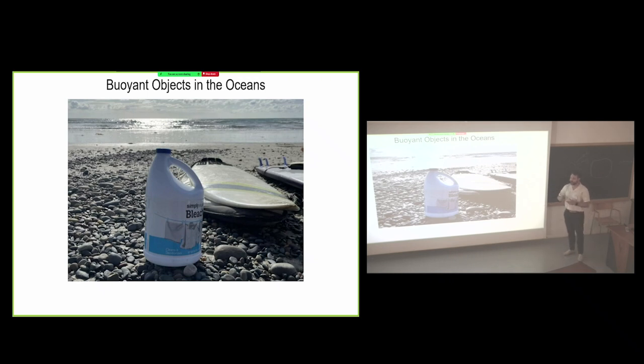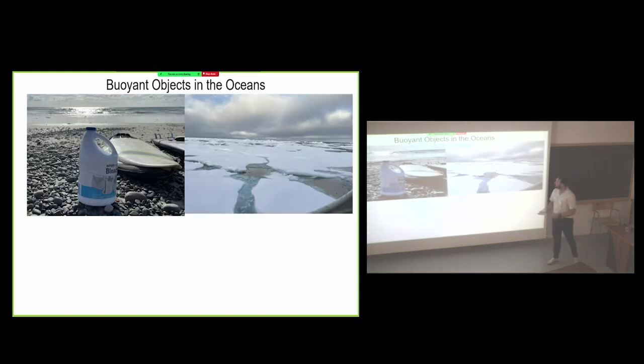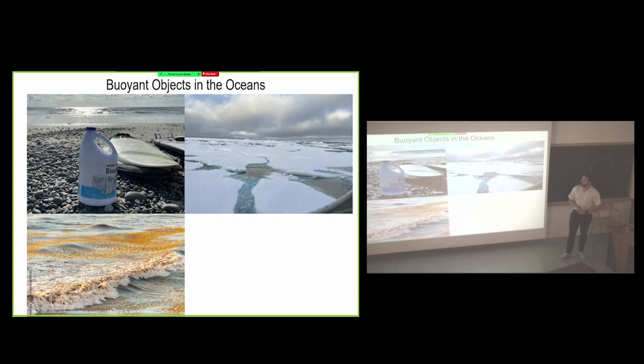So plastics are one major issue, but there are lots of other buoyant objects in the ocean that we might care about. Things like ice, so on our Arctic coastlines, little bits of ice can be moving around as well. Also in the open ocean, we still have plenty of breaking waves that can start moving ice. Another issue is sargassum.